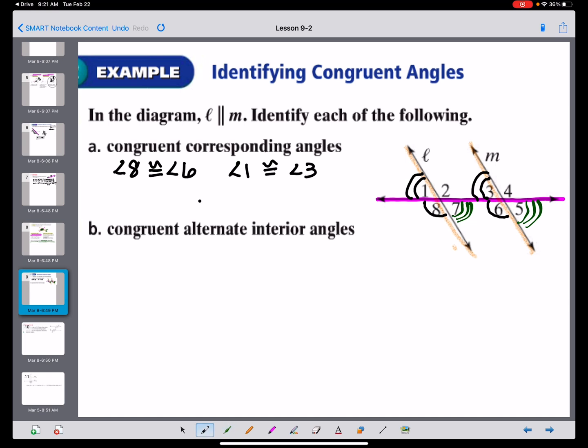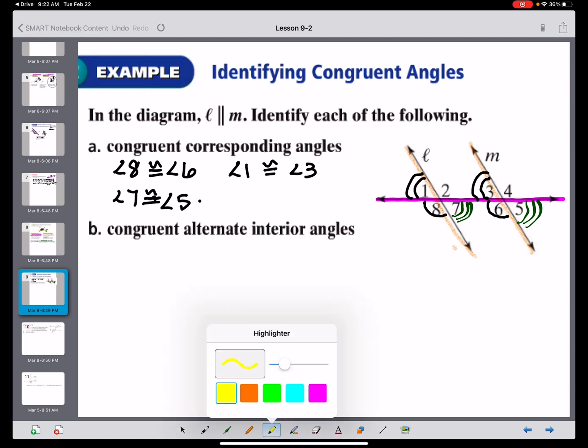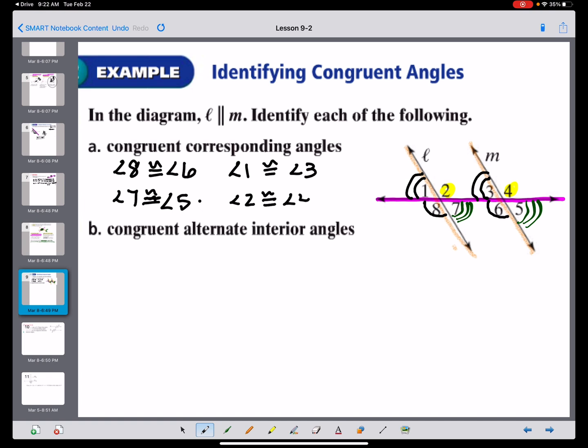So we're going to write angle 7 is congruent to, whoops, it's like a little similar sign and an equal sign combined, to angle 5. And the last one that I want to show you, this time I might just highlight them, angle 2 and angle 4 are also in the same relative position.